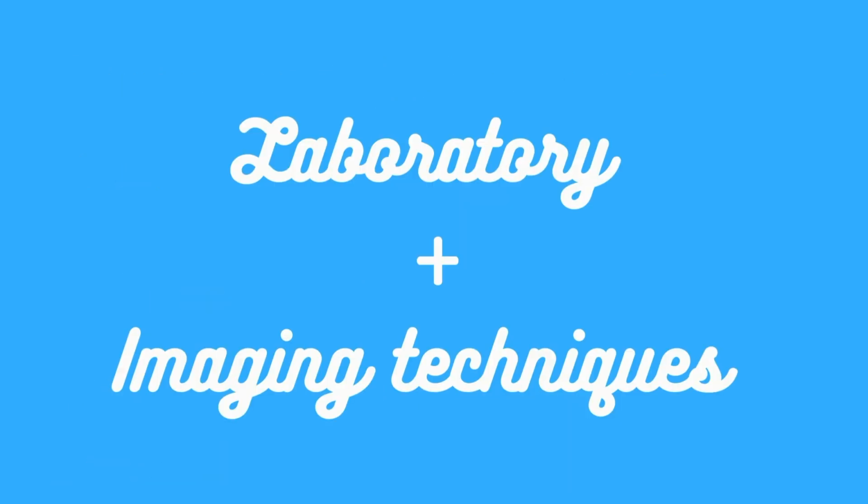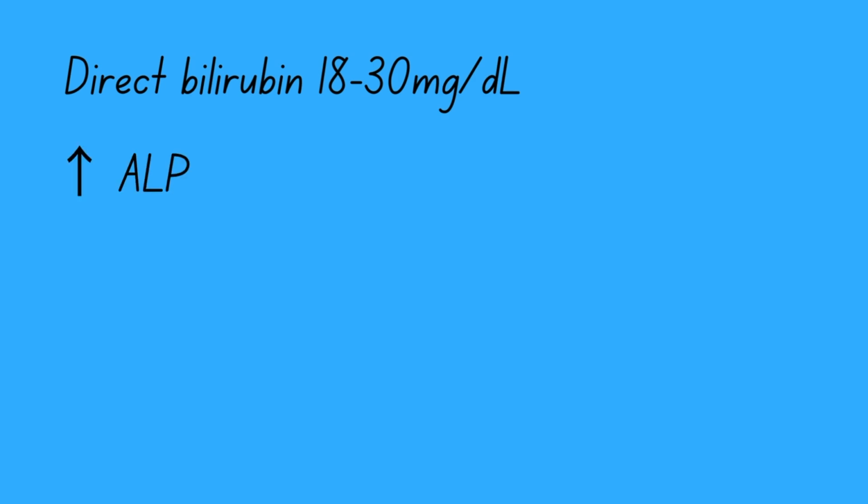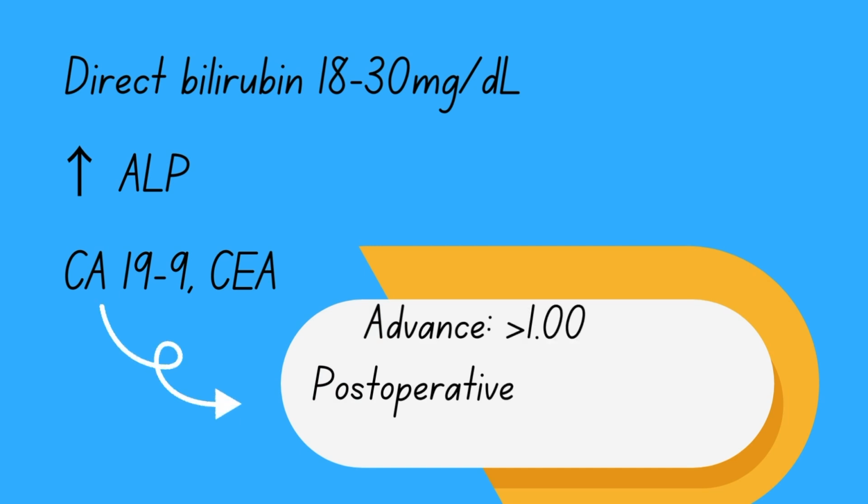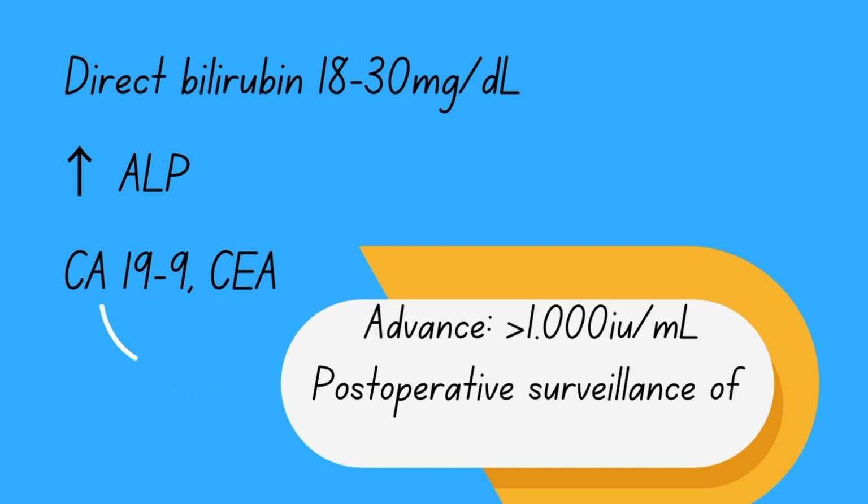On laboratory exams, we will have increase of direct bilirubin, usually between 18 and 30 milligrams per deciliter, and increase of the cholestatic liver enzyme alkaline phosphatase, ALP. The tumor markers, such as the carbohydrate antigen 19-9, on early stages it's gonna be normal, but on advanced stages it can increase above 1000 IU per milliliter.